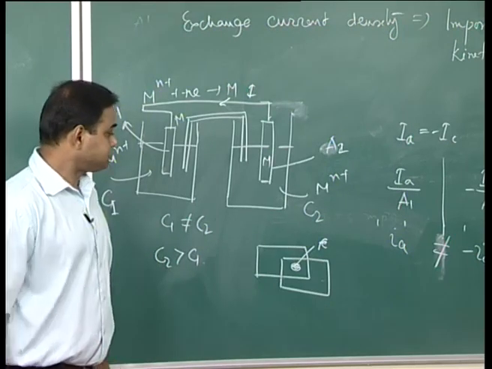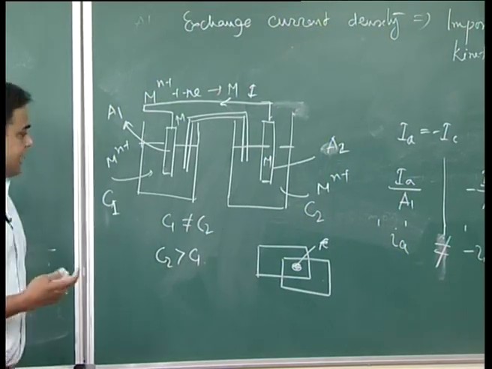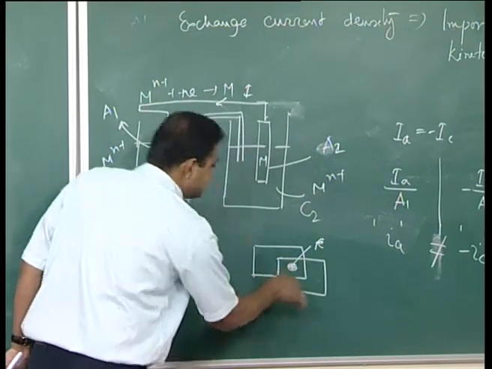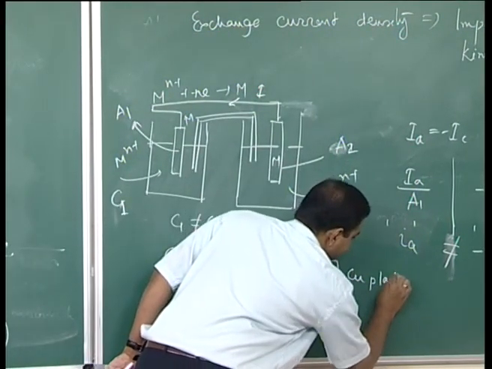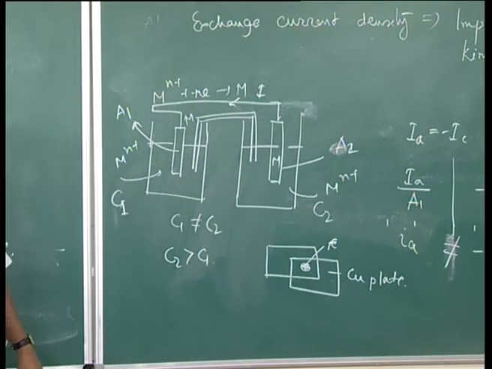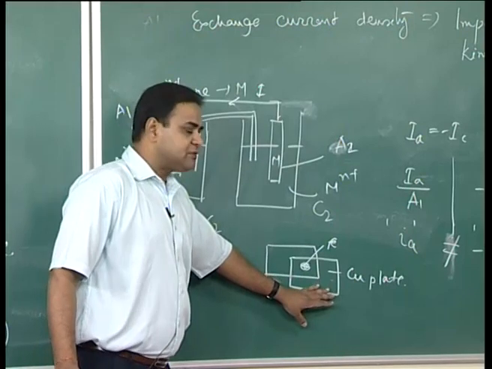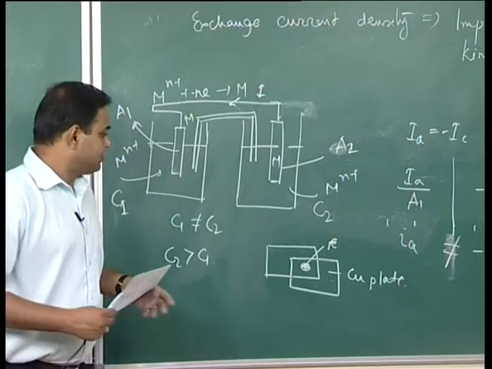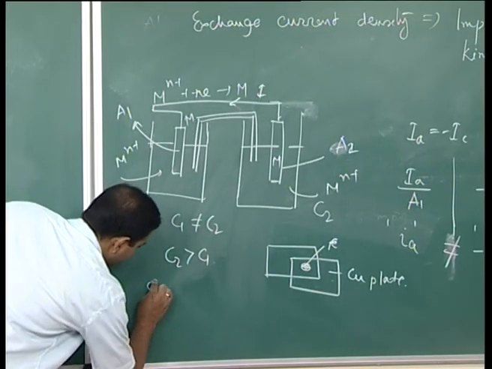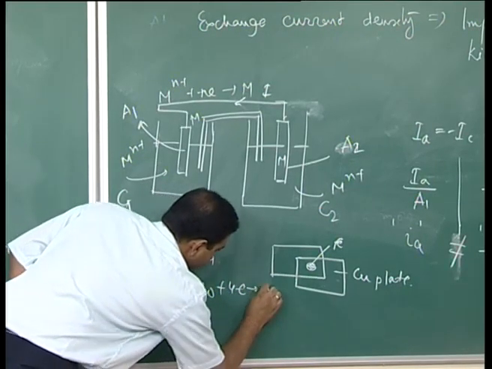But now consider the cathodic reaction, which takes place over the entire copper plate. The copper plate acts as the cathodic surface, and the cathodic reaction always happens on the cathodic surface. In seawater, the cathodic reaction would be oxygen reduction: O2 + 2H2O + 4e- going to 4OH-.